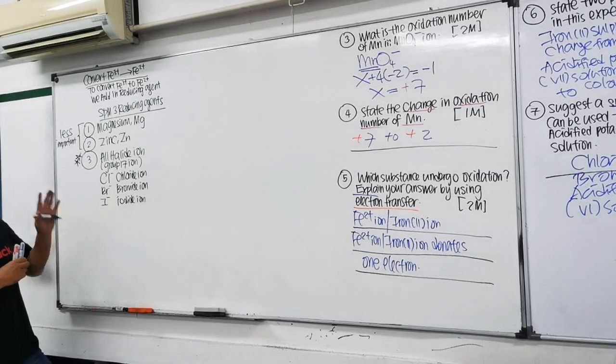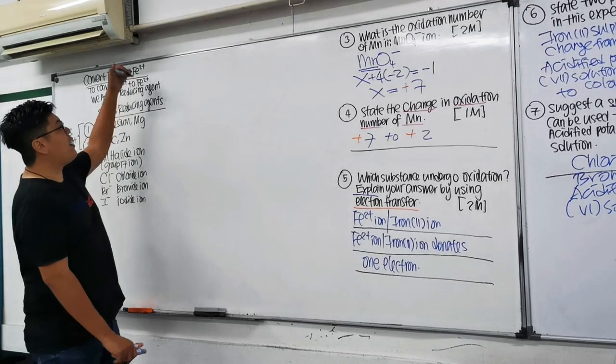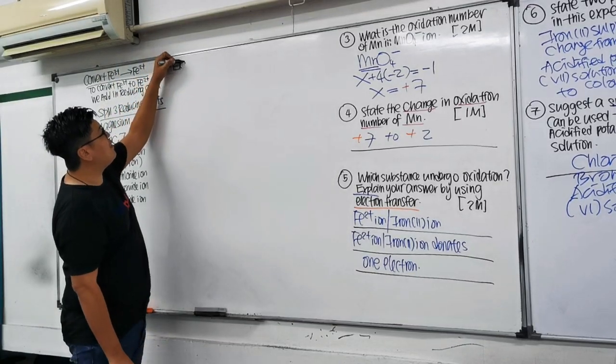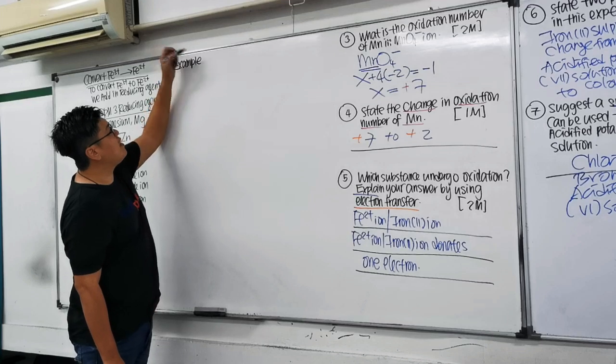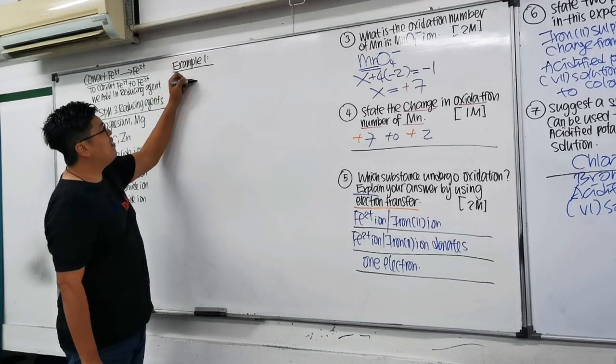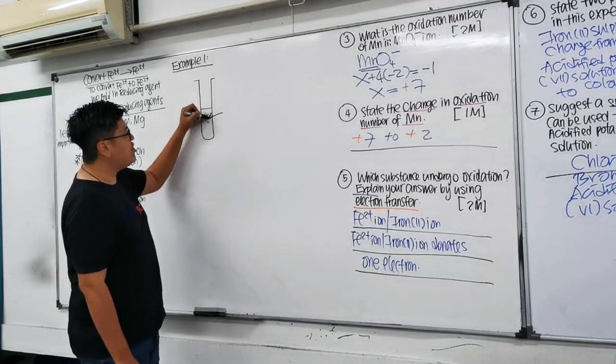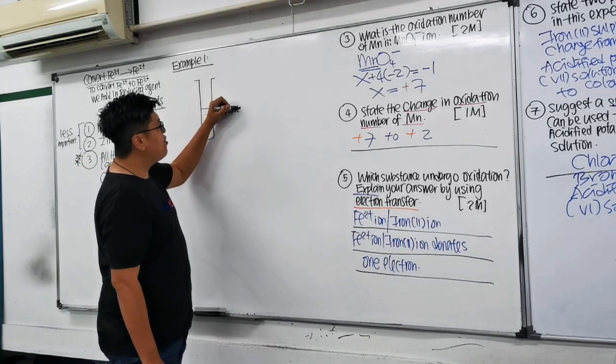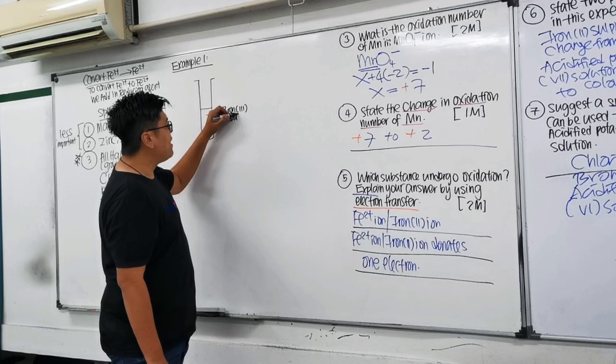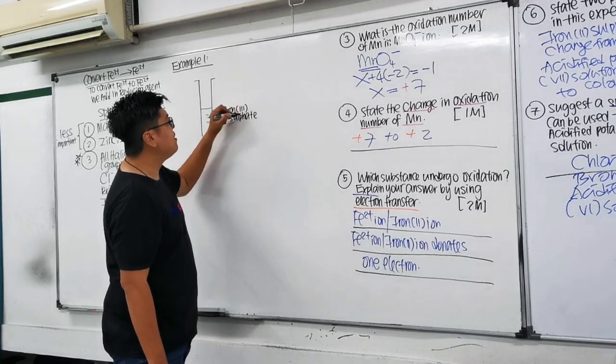Now let's do 2 examples here. Let's start with the first example first, then you do another one for me. Example number 1. Let's say we have a test tube. My test tube originally has iron(III) sulfate solution. Follow me please.